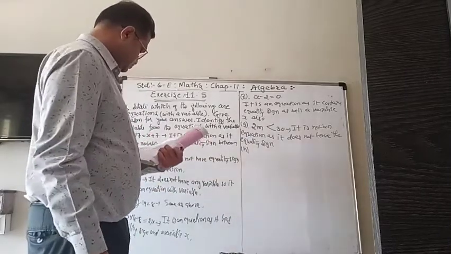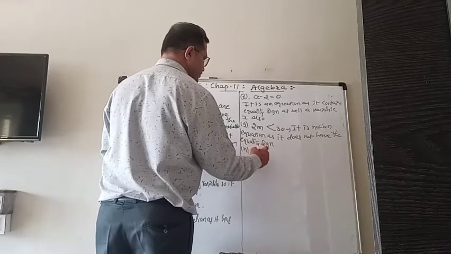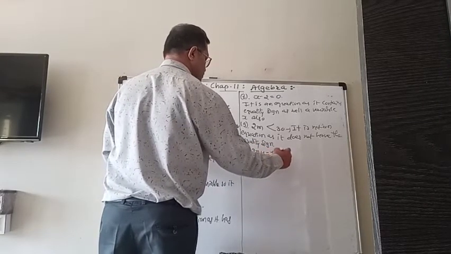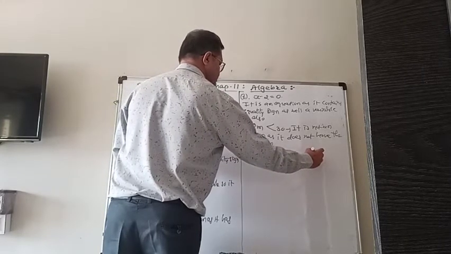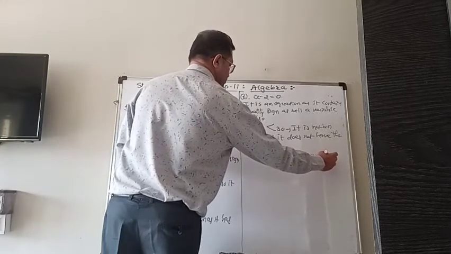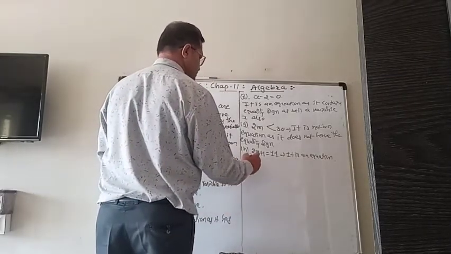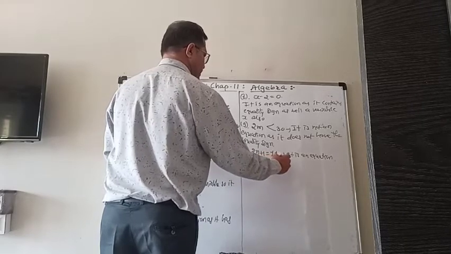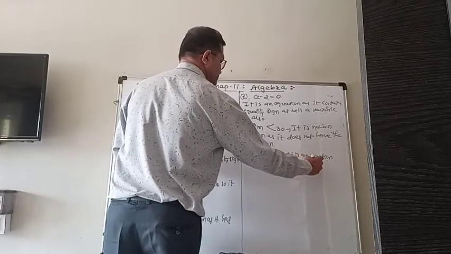H. 2n plus 1 equals 11. It is an equation with variable n and equality sign.